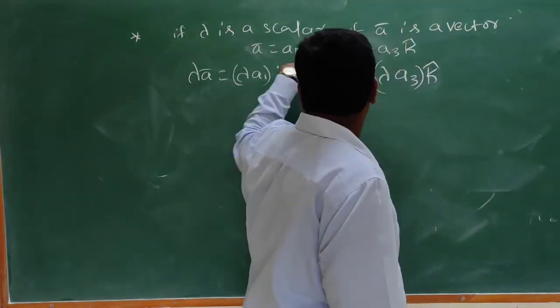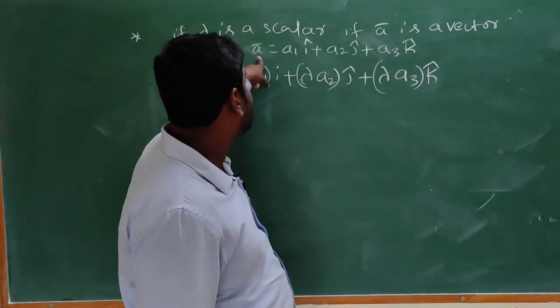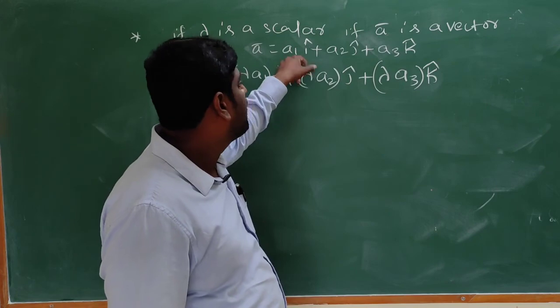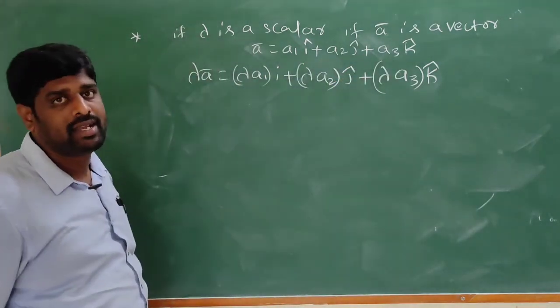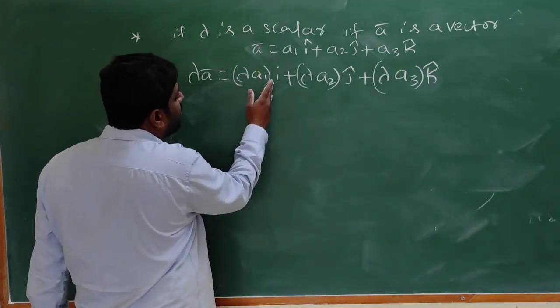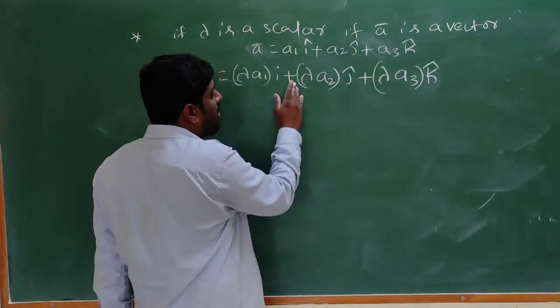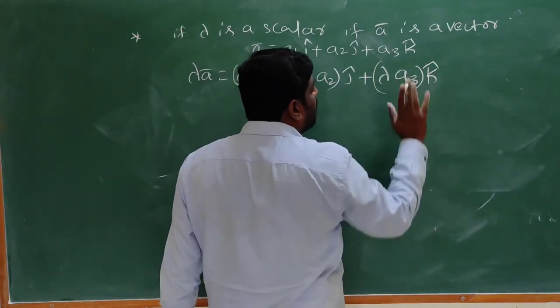So if A bar is A1 i cap plus A2 j cap plus A3 k cap, lambda A bar is equal to lambda A1 of i plus lambda A2 of j plus lambda A3 of k.